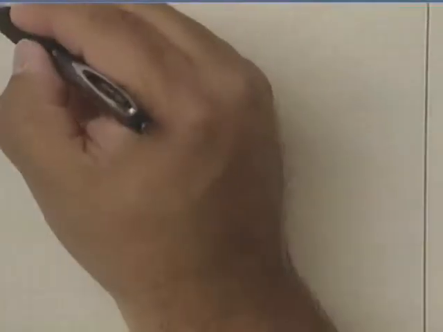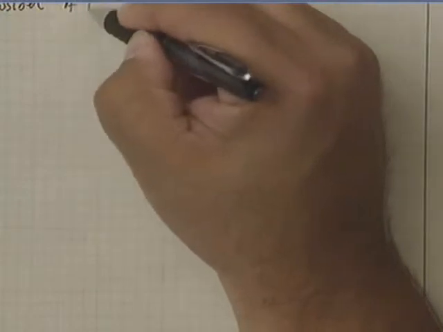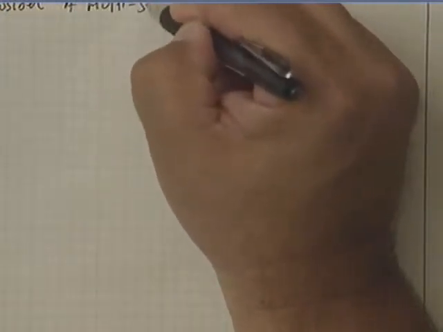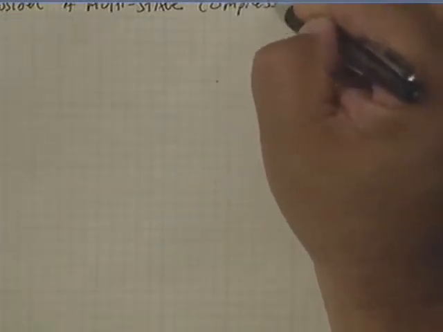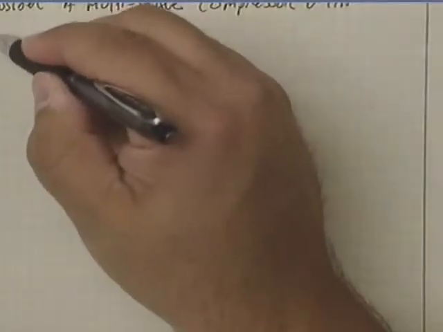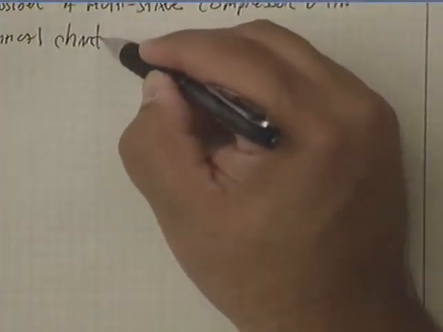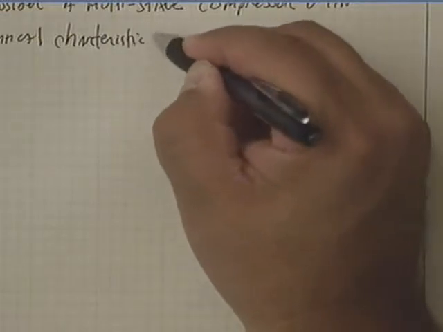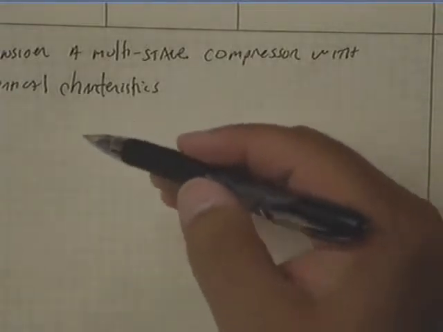So if we consider a multi-stage axial compressor with identical stage characteristics, really. That means that each stage has roughly the same type of air angles, right, going from one stage to the other.